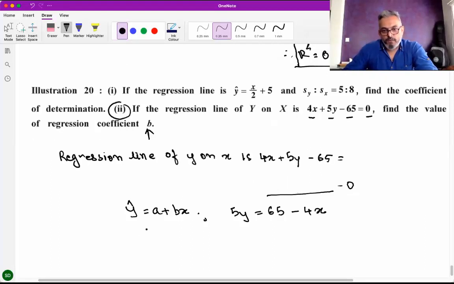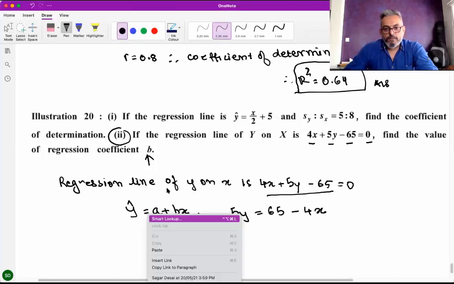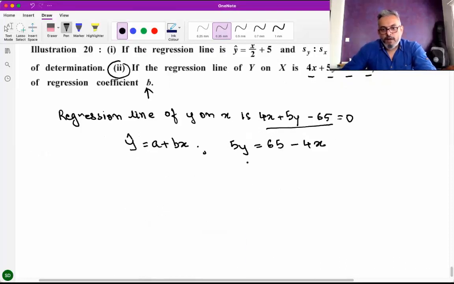So now how do we solve it? Dhyan do. Y is equal to 65 minus 4x whole upon 5, which is equal to 65 upon 5 minus 4x upon 5.